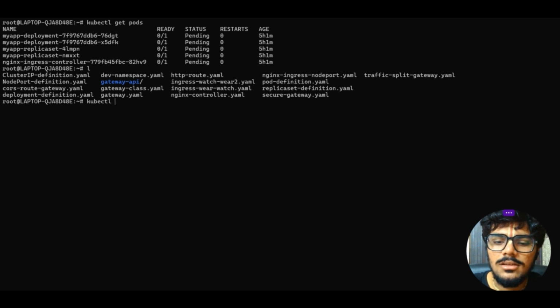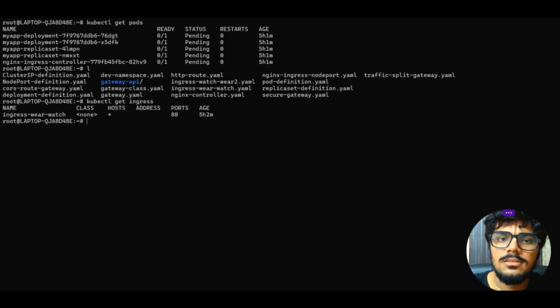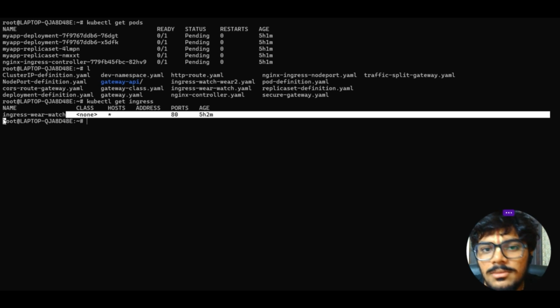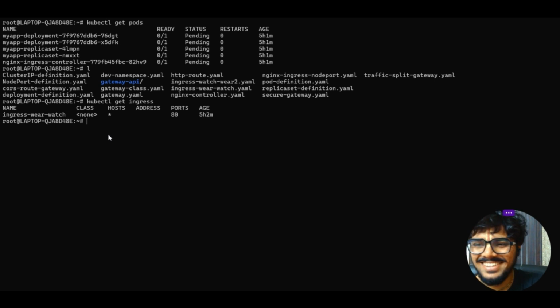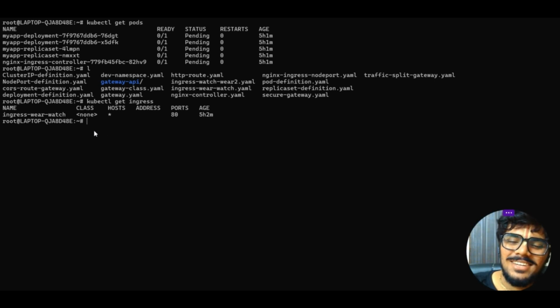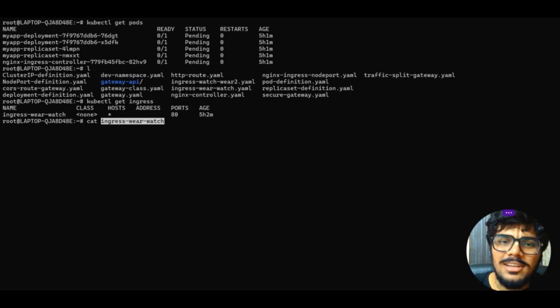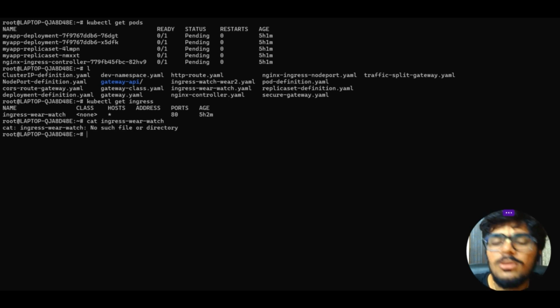kubectl get ingress. This particular file has a host, and a particular host can address it. Any role-based access control hasn't been applied to it. Alright, so let's try to understand the ingress controller.